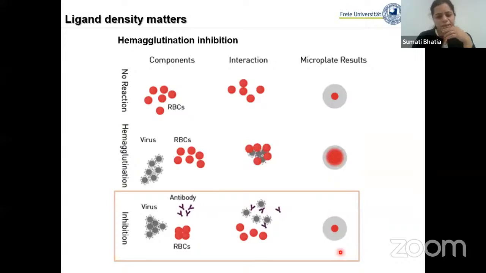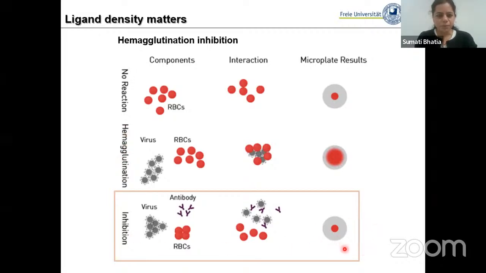So if we use different concentrations of the inhibitors, we see when the first pellet gets formed, and from there we can get the inhibitory concentration of our inhibitor, right? So with this assay, we can easily determine the minimum concentration of the inhibitor required to form a pellet again, or required to do the hemagglutination inhibition.